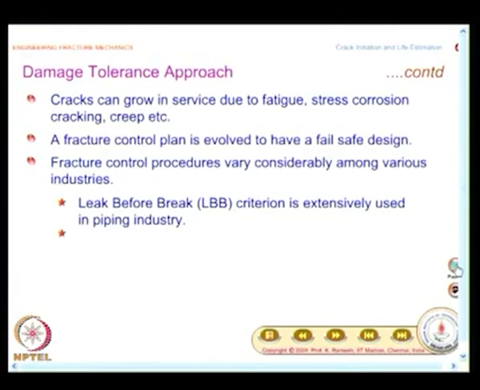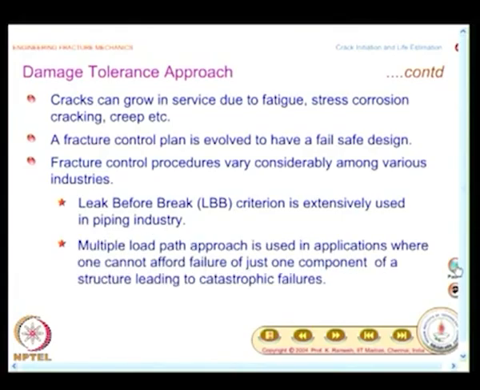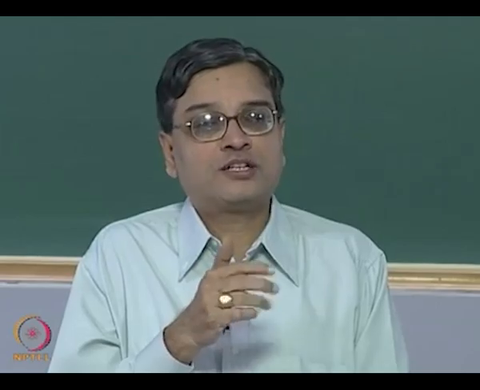And you also have another important concept. The multiple load path approach is used in applications where one cannot afford failure of just one component of a structure, leading to catastrophic failure. See, you would have seen in TV shows that they have a competition to build a castle out of playing cards. They have to make the biggest castle possible, and if you go and remove one card, the whole structure will collapse.